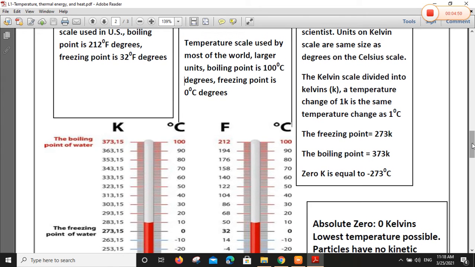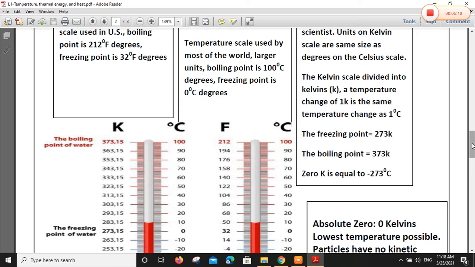The freezing point on the Kelvin scale is 273. The freezing point in Fahrenheit was 32, the freezing point in Celsius is 0 Celsius degrees, and the freezing point in Kelvin is 273 K. Look at boiling, 373. So the difference is 100, exactly like Celsius.